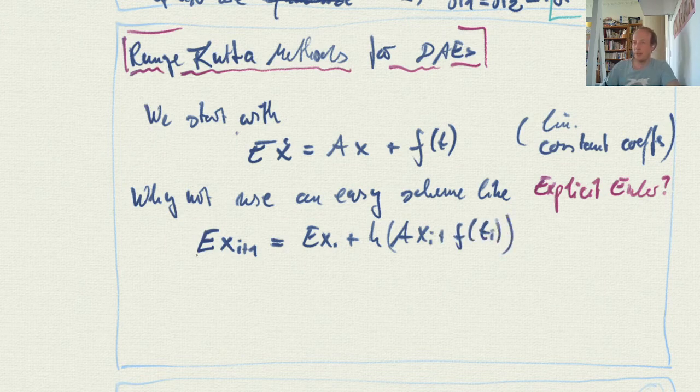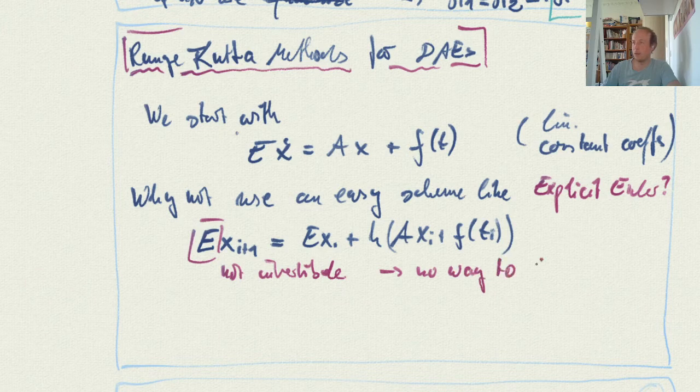Okay, but since the E is not invertible, there is no way to compute x_{i+1}. Well, we cannot invert this E, meaning there are parts in the x_{i+1} that are not defined.